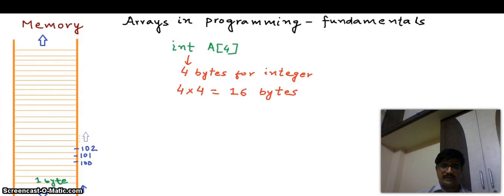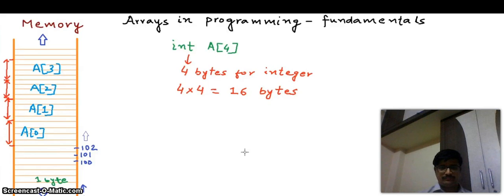When the program executes in the computer, 16 continuous bytes are allocated in memory for this array A. So the computer allocates 4 contiguous blocks of 4 bytes each. The first block, or the first 4 bytes, will correspond to A of 0, and the next block will correspond to A of 1, and similarly we will have A of 2, A of 3 as well.